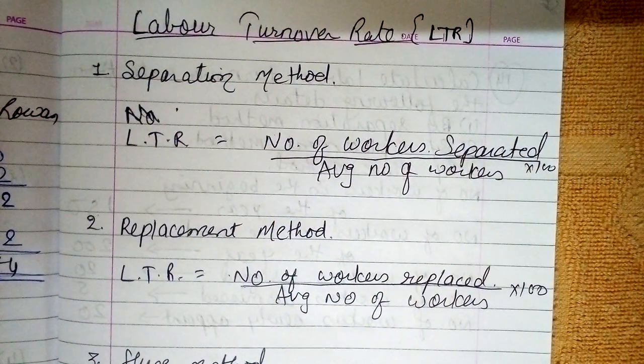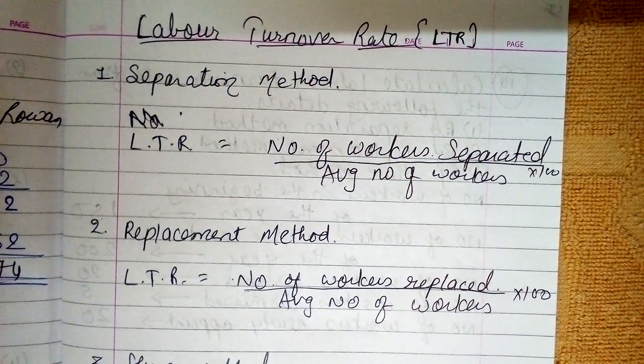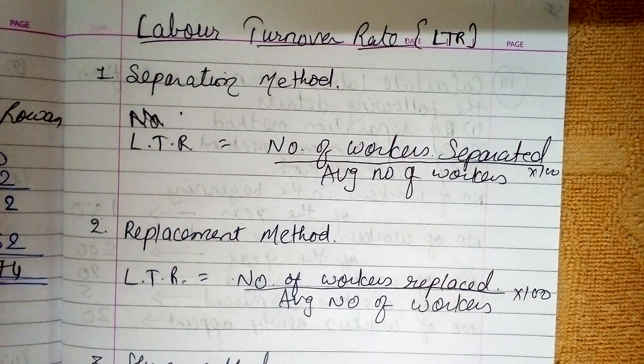Let us brush up the meaning once again quickly. What do we mean by labor turnover rate? This rate denotes the frequency of the workers who are leaving the organization and who are entering the organization. How frequently the workers are leaving and rejoining the organization, this rate is called labor turnover rate.